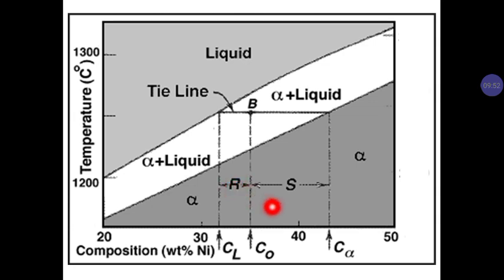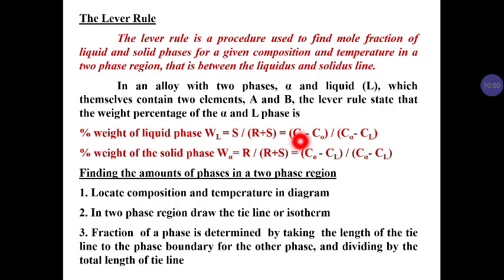R plus S is C alpha minus CL. So you can see it is C alpha minus C naught divided by C alpha minus CL. In both cases it is C alpha minus CL in the denominator. The numerator alone will change, depending on whether it is S or R.